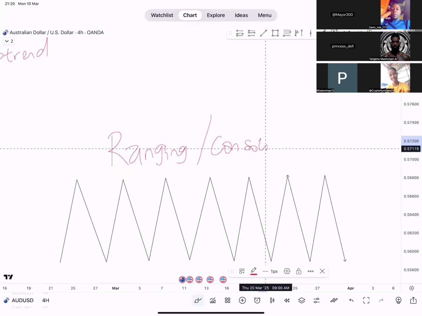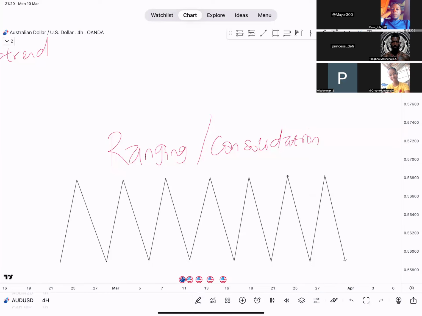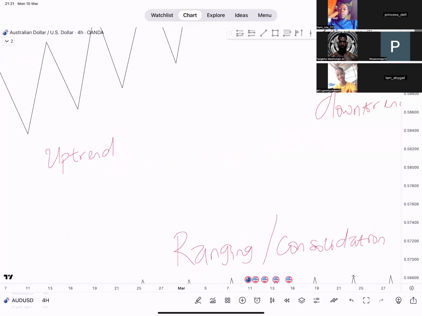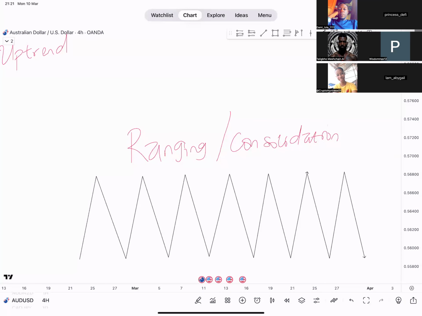You can remember this one as either. If you call it a consolidation market structure, whoever you're talking to should understand. If you say ranging market structure, they would still understand. So we have an uptrend, a downtrend, and a consolidation market structure. Now let me explain these things properly.